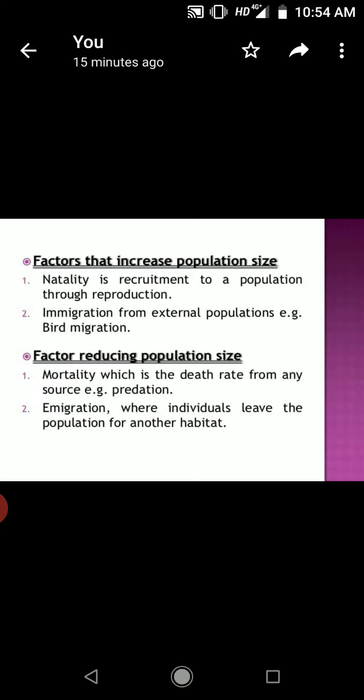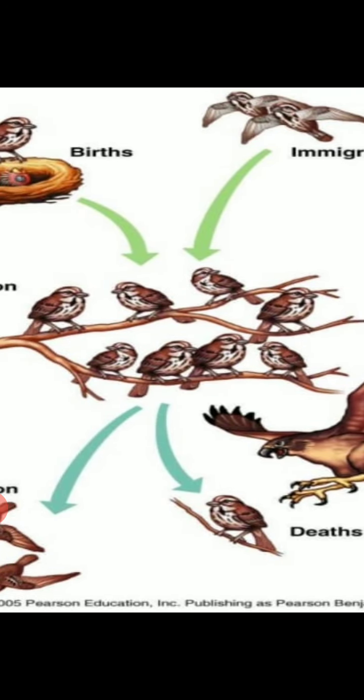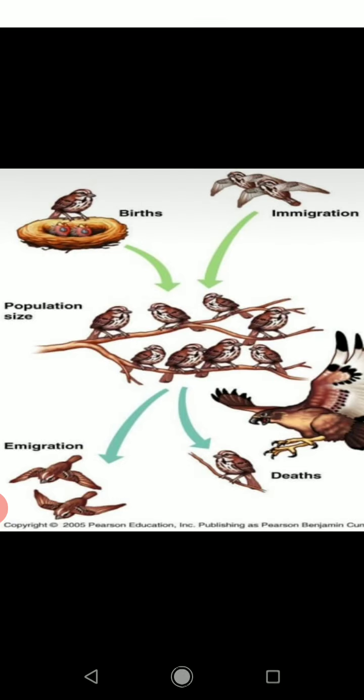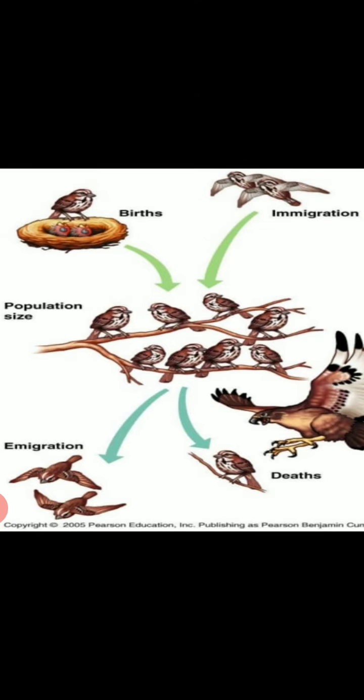Next is, see here, an example given here. This is a bird, here showing the nest or the particular place in the middle, and how it occurs after the birth, there is an accumulation of these, and then immigration, again the entrance of the birds, and emigration means they leave from the original place, and death of an organism.